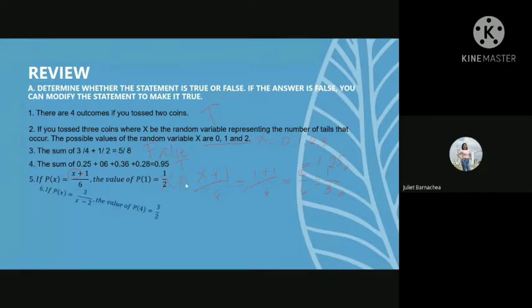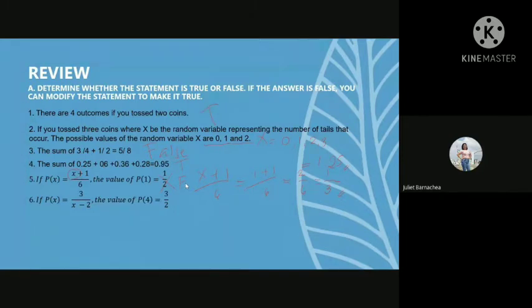Next number. If P of x is 3 divided by x minus 2, the value of P of 4 is equal to 3 over 2. Is this true? Number 6.